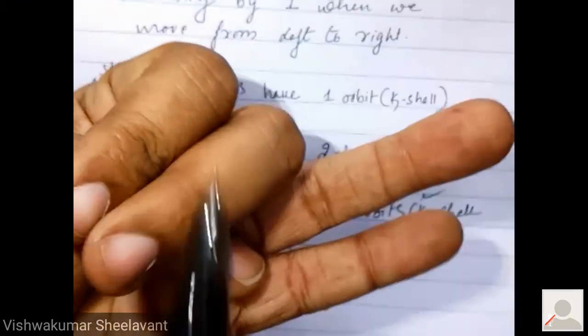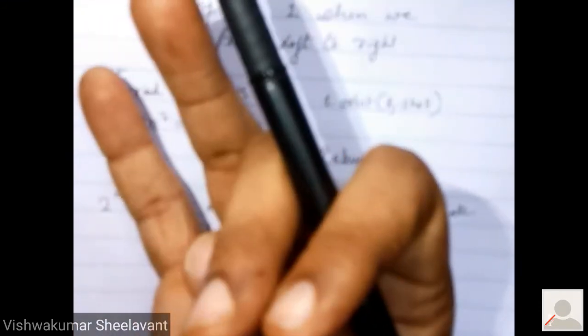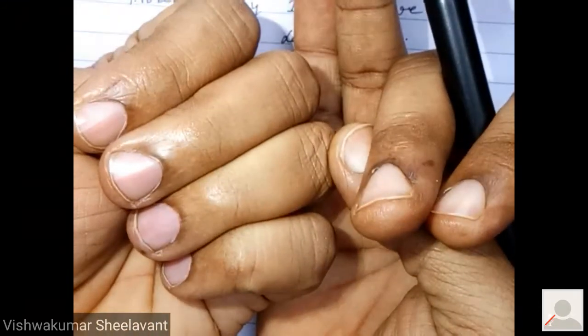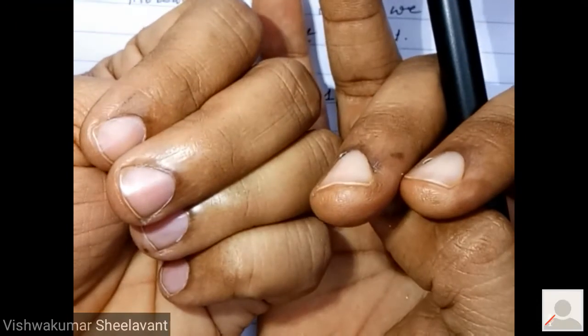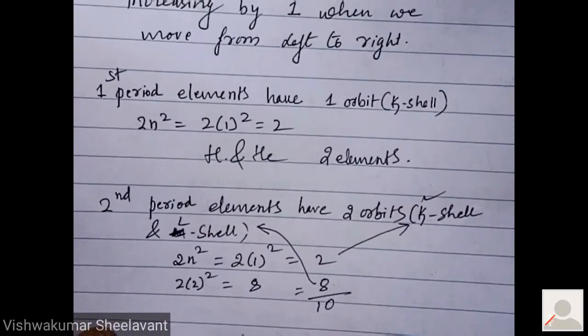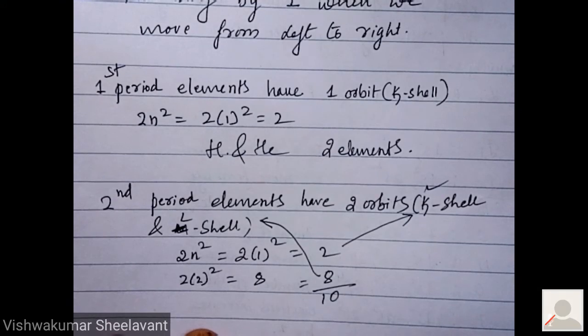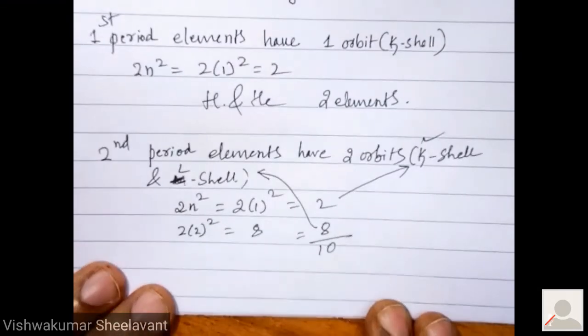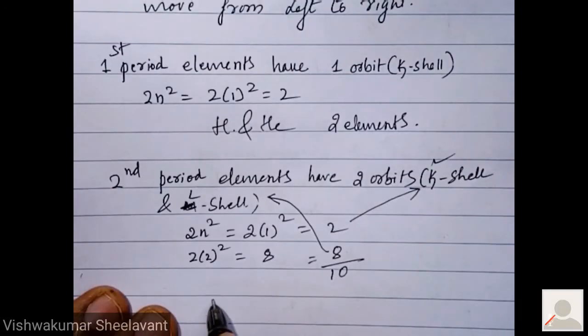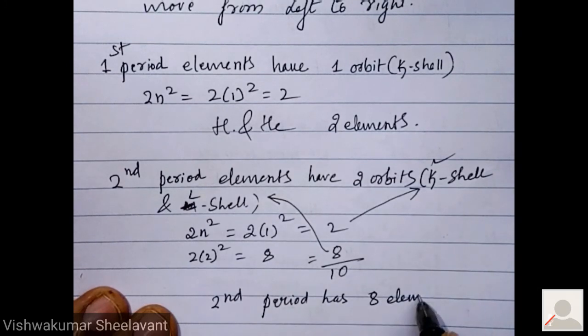Third, fourth, fifth, sixth, seventh, eighth, ninth, 10th. So total how many? 8. That means in the second period there will be 8 elements.